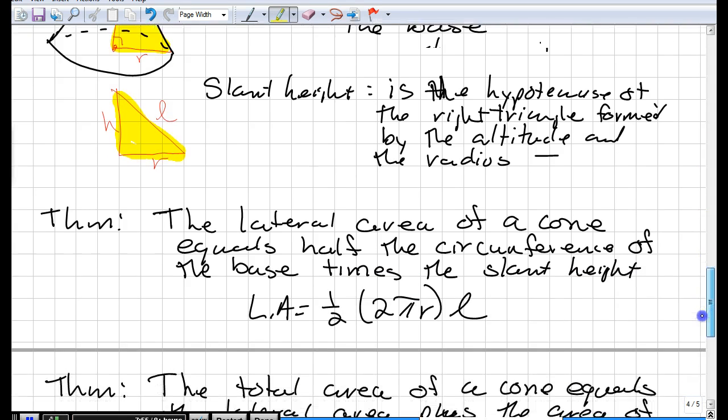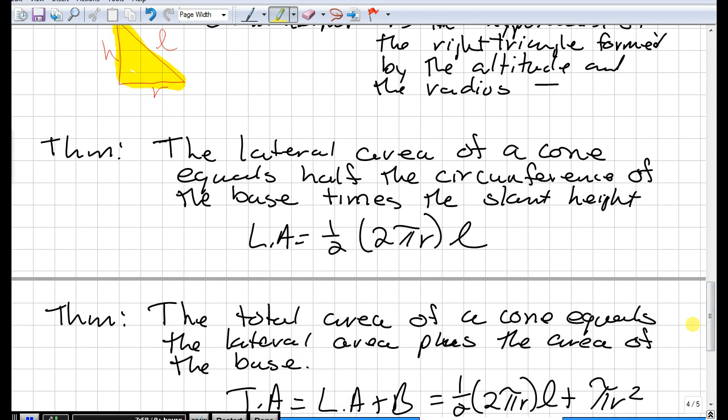Okay. And our theorems. The first theorem is the lateral area of a cone equals half the circumference of the base times the slant height.